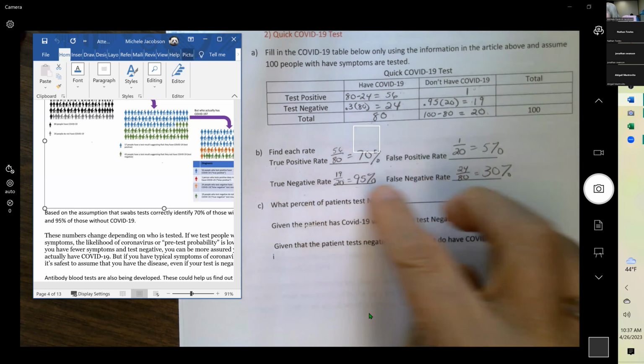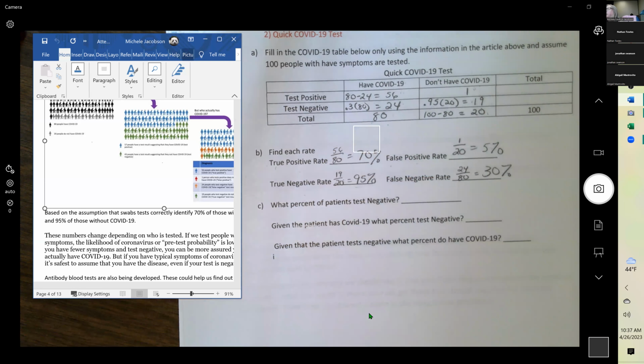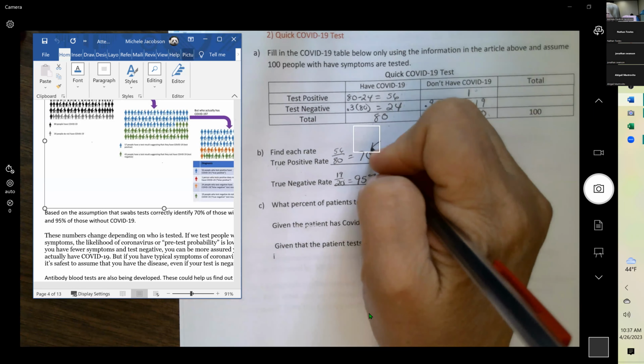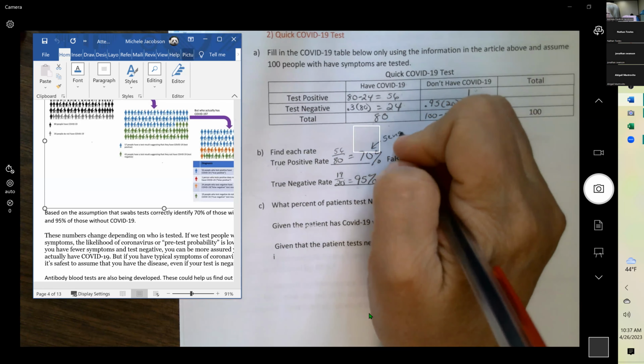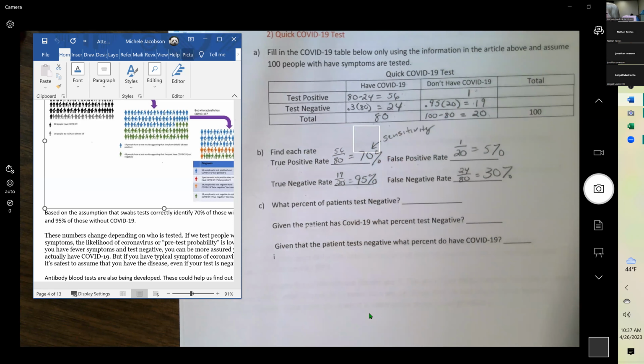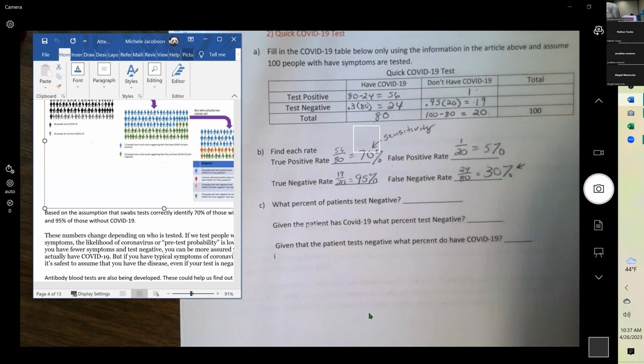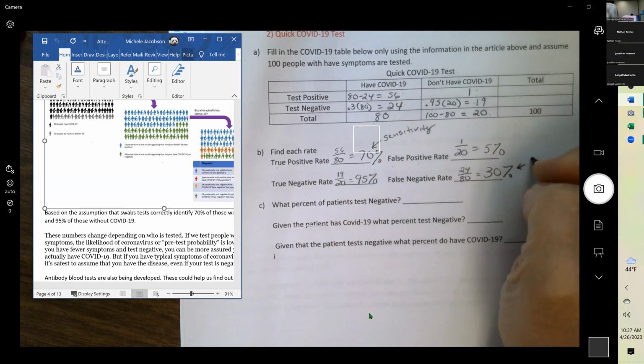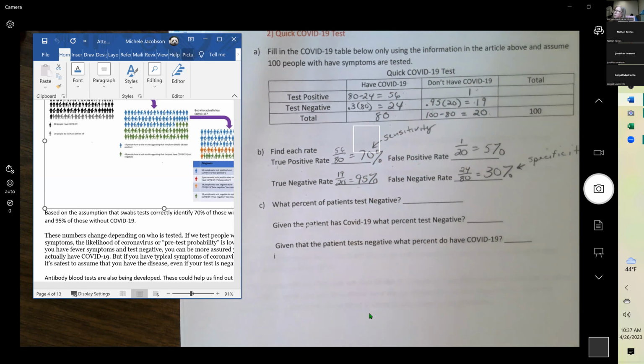So these 4 need to be written as percents. And this is our sensitivity and specificity.